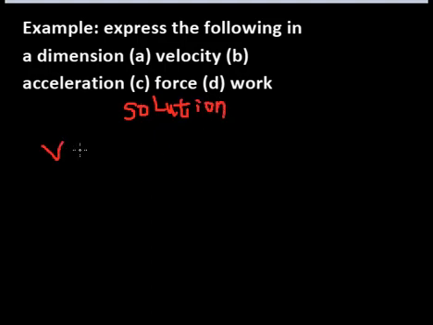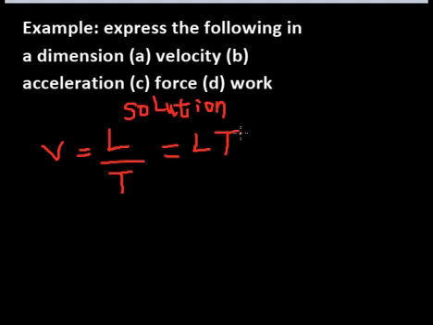Velocity, we know, is given as distance all over time. Distance is measured in length, and that's capital letter L. Then all over time, and time is capital letter T. In dimension, we express our answer not as a fraction, but in an index form. So the denominator of this fraction, I'm going to take it up, and once I take it up, it is converted to a reciprocal.